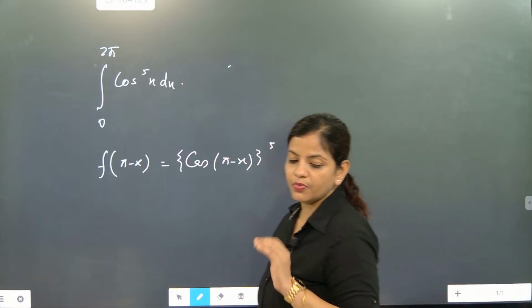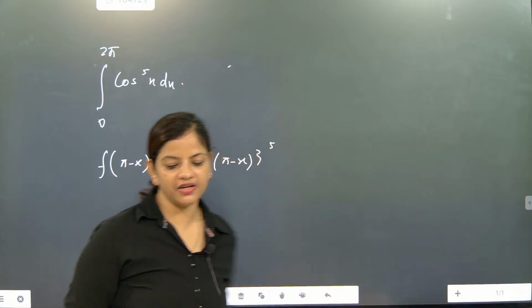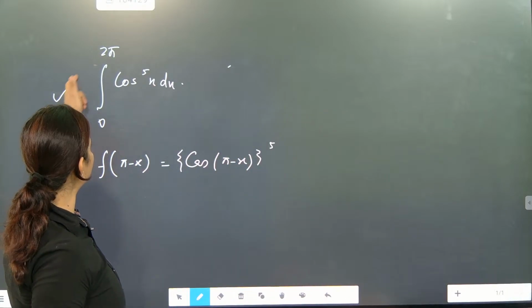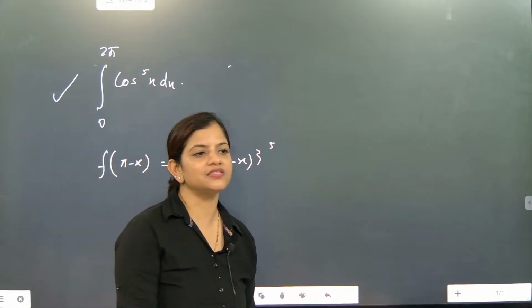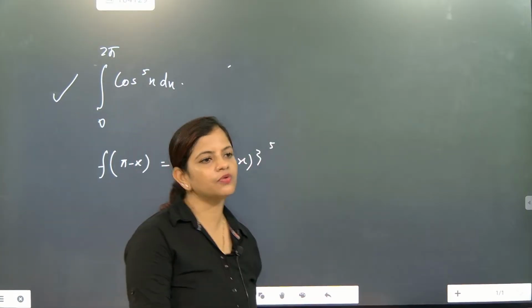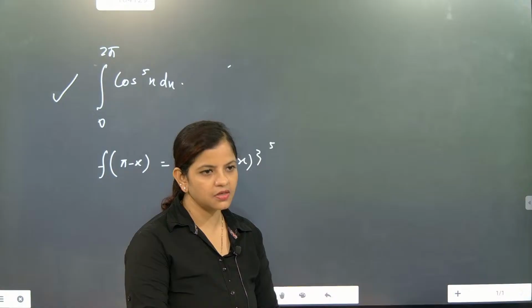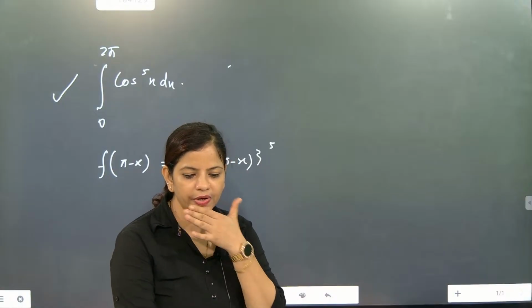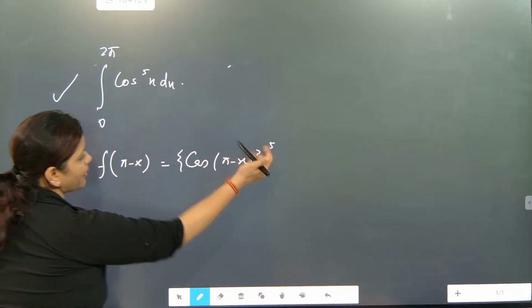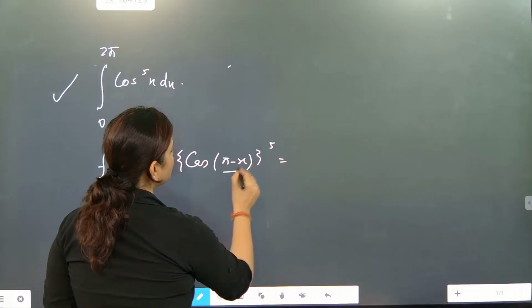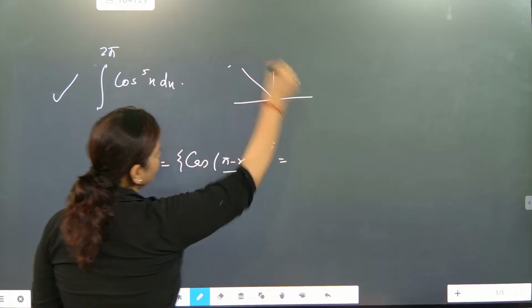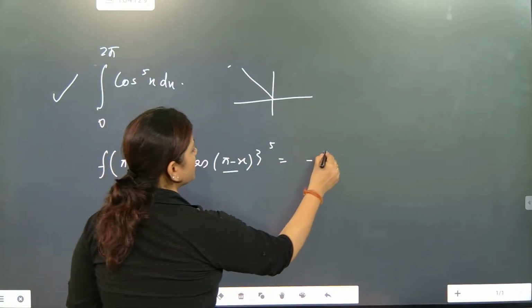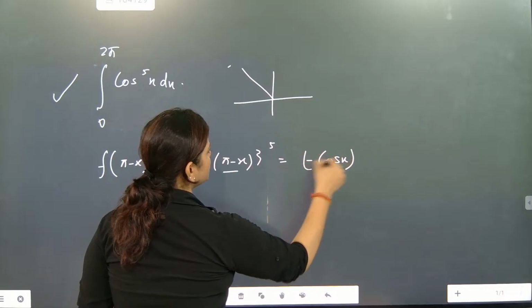The moment you put pi minus x, half of that integral part, many times I have discussed it, 0 to 2 pi is there. So 2 pi means what? Pi you are going to check. Pi minus x. When you put pi minus x here, what is it coming? Cos of 180 minus theta. 180 minus theta is second quadrant. It will become minus cos x to the power 5.